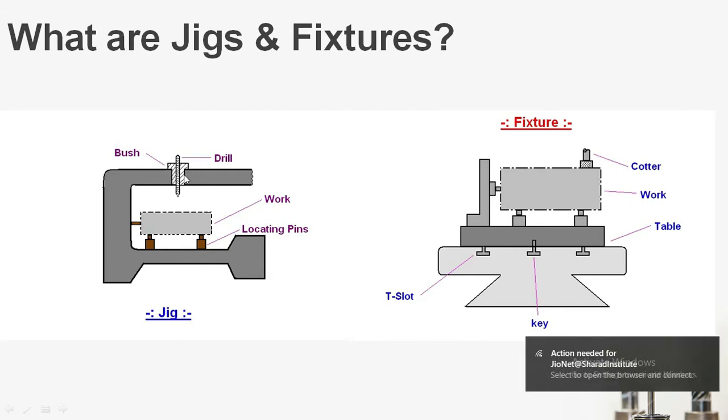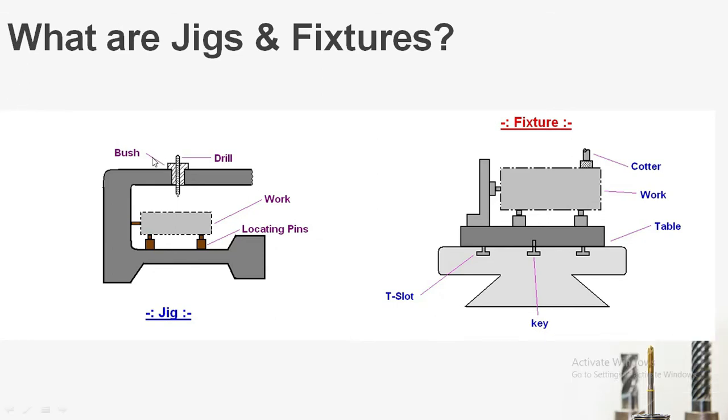Now what does a jig carry out here? A jig carries out here the function of guiding as well as supporting the tool, so that the machining operation or the drilling operation is carried out at a proper location where the workpiece is to be placed.